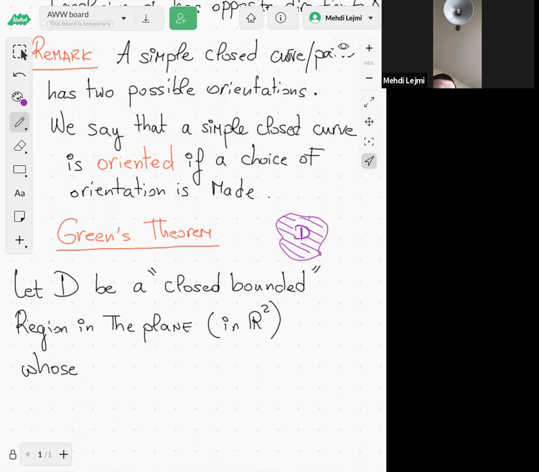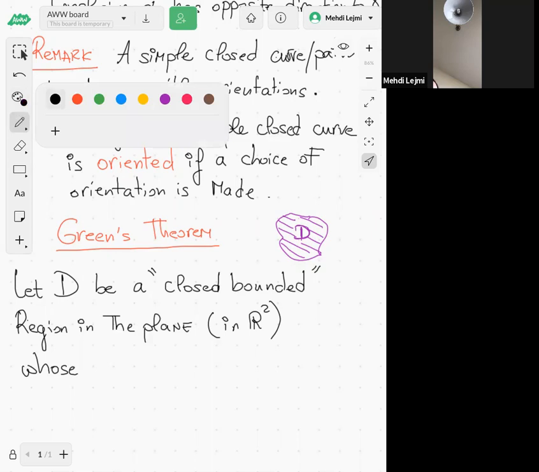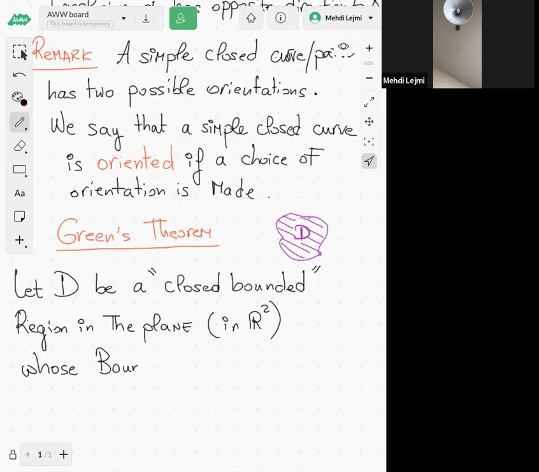So I have this region D, and the boundary of D, whose boundary C. The boundary of a region in the space, it's a curve, right?